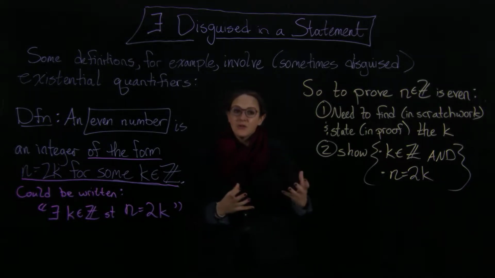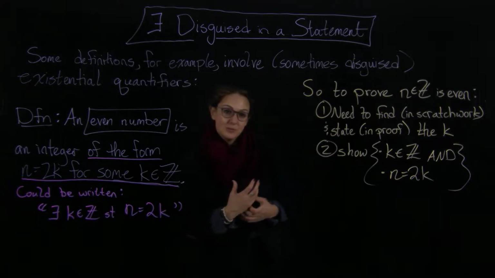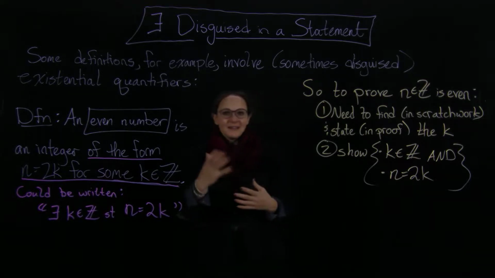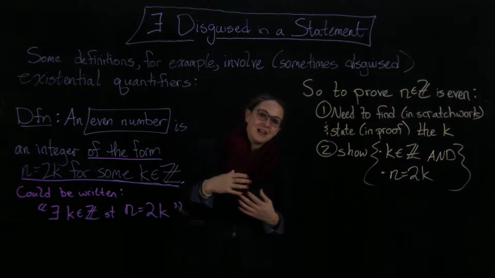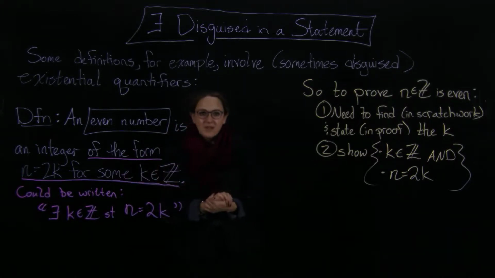To show that this integer is even, you find the k in your scratch work and state it in your proof. Say, let k equal 3. Then k is an integer, and n equals 2 times 3. So I'm good, and that's how you would show that.